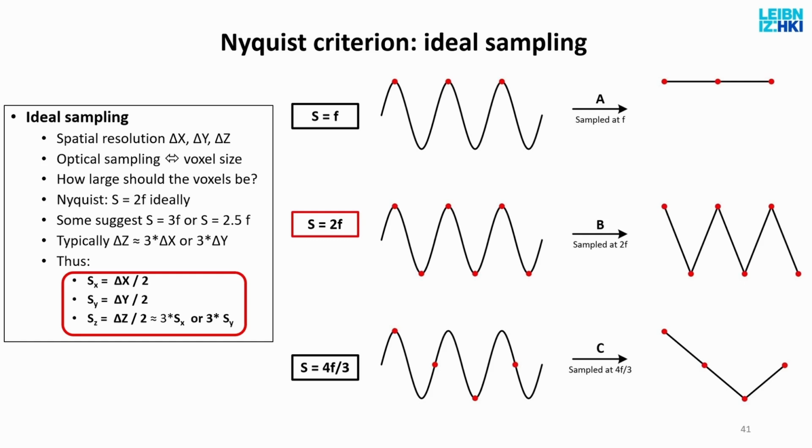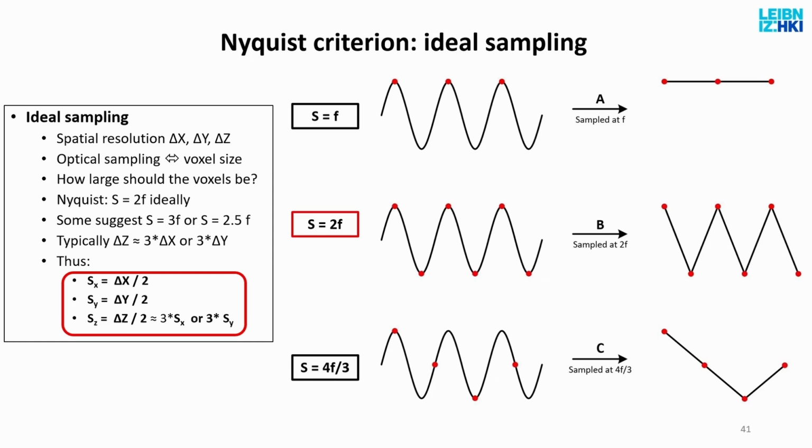Most microscopes will give you an estimate. When you look at the software, it will tell you the optimal pixel size is so and so. This is based on such calculations. One thing you have to remember is that, although we don't go into the theory, if you read about wave optics of spherical or curved objects, you will see that the optical resolution in the axial direction, the Z direction, is about 3 times worse than in the lateral direction.